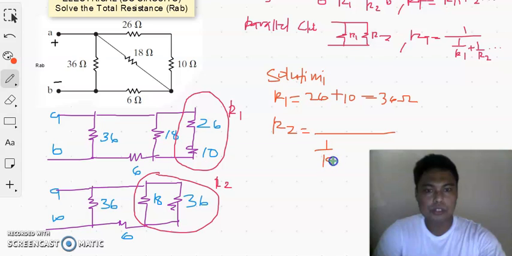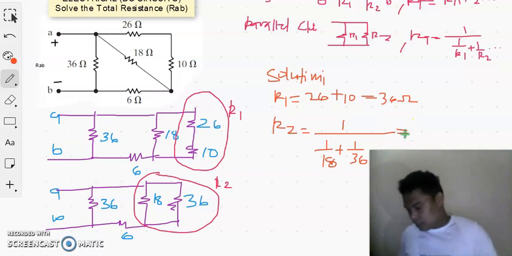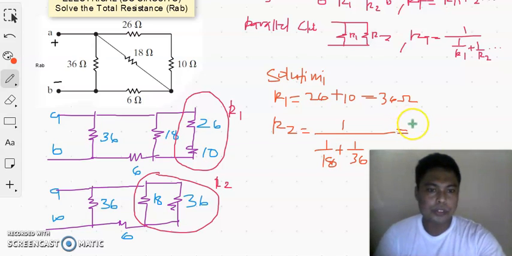So this is 1 over 18 plus 1 over 36. We have 12 ohms. Okay.